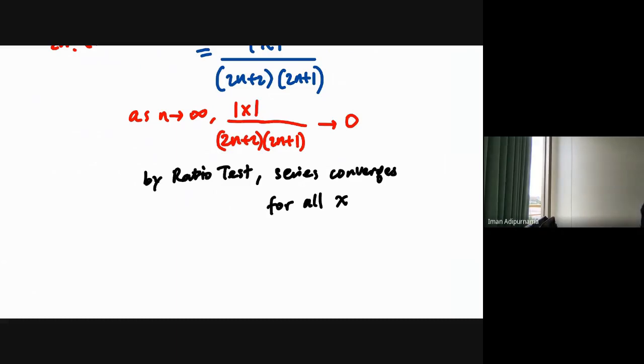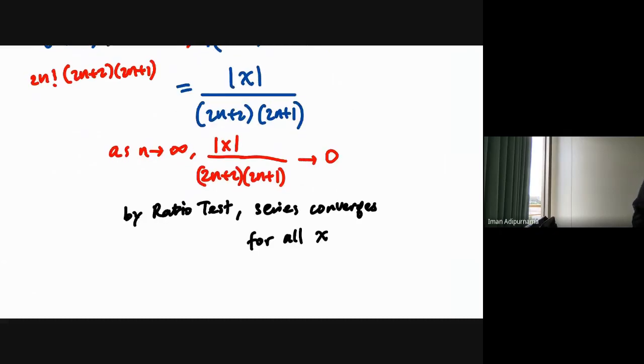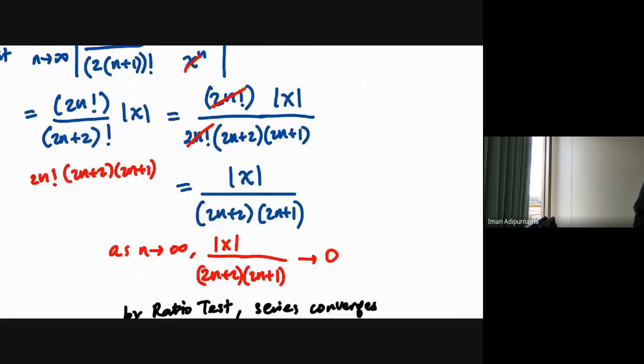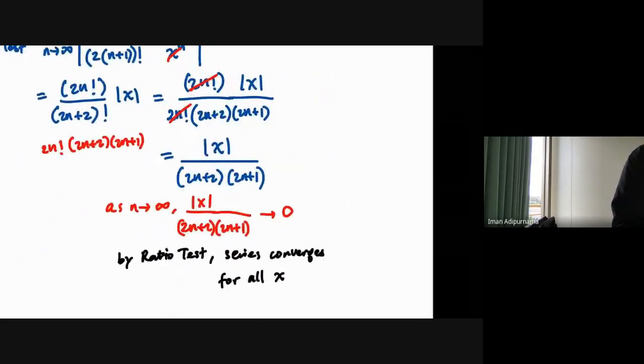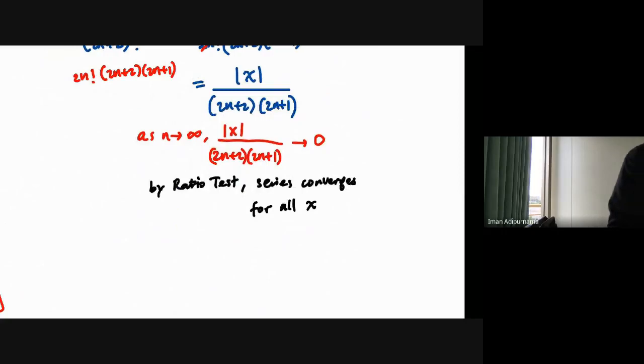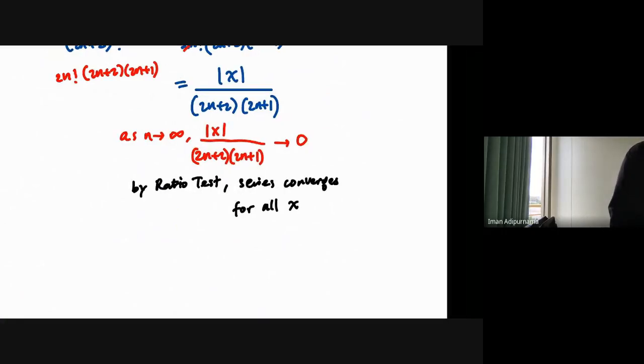And for this one, if the limit is going to diverge, then x equal to 0 is the only way to be convergent. And when you get all the results where the limit of n is 0, then the series will be convergent for all x. Okay.